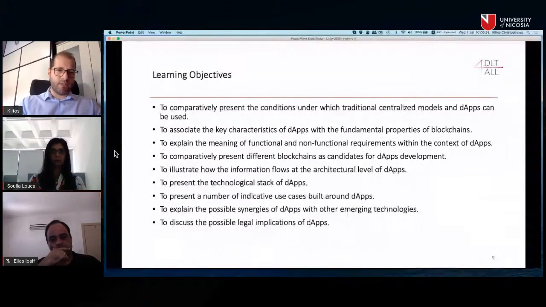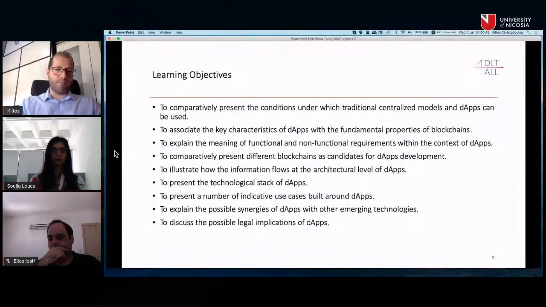Our objective is, as I've said previously, to bridge the knowledge gap that exists between understanding the technology and using the technology, but also providing the necessary key details and characteristics for developing decentralized applications, as well as discussing the fundamental properties of blockchains.